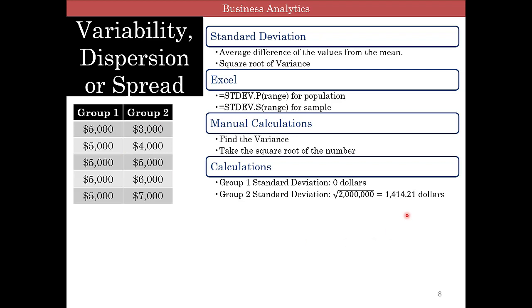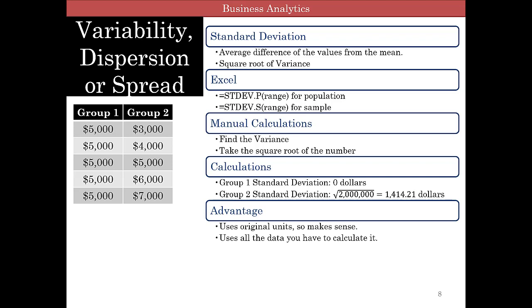Whereas on average, this group is going to be off from this 5,000 by 1,414. Remember, when you use average, it's sometimes more, sometimes less. So you can be off by more than 1,414 or less than 1,414, but this is the average amount you're going to be off.